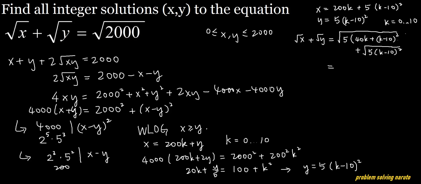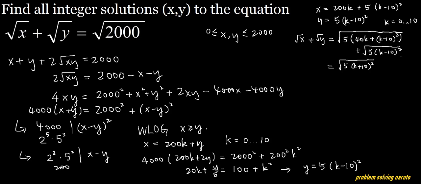If you expand this, you get k squared minus 20k plus 100, but then plus 40k, that means plus 20k, and it gives you (k plus 10) squared. That is very nice.